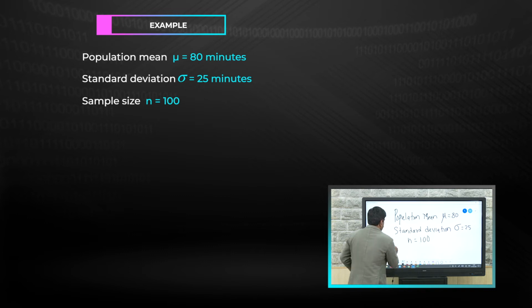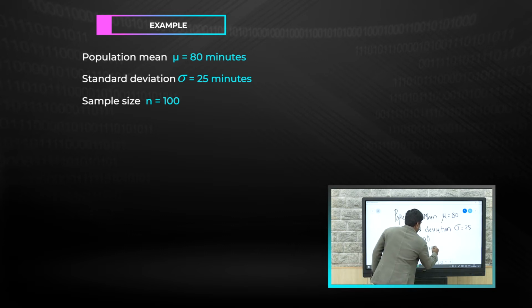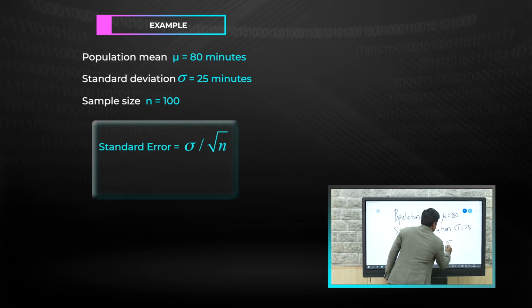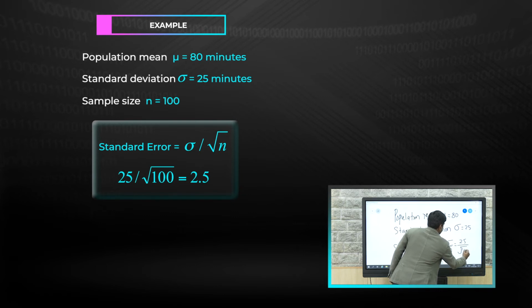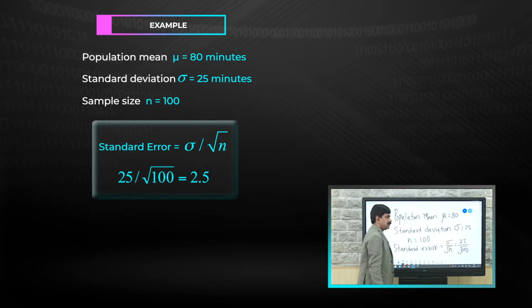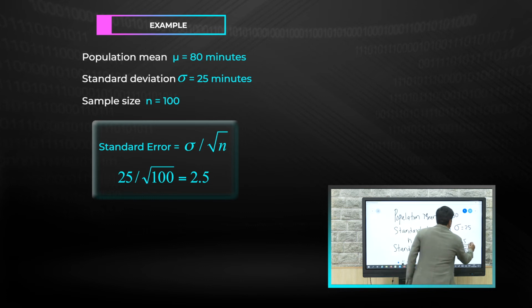So the standard error of the sampling distribution will be sigma divided by square root n, which is 25 divided by square root 100, so that will be 2.5.